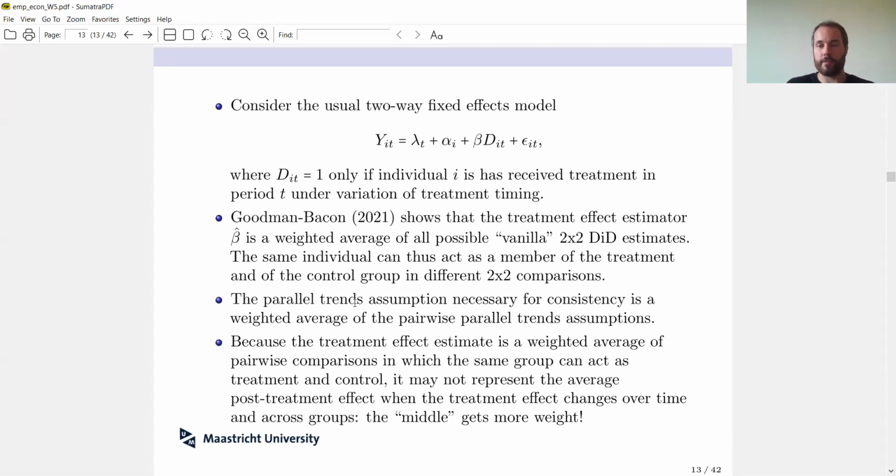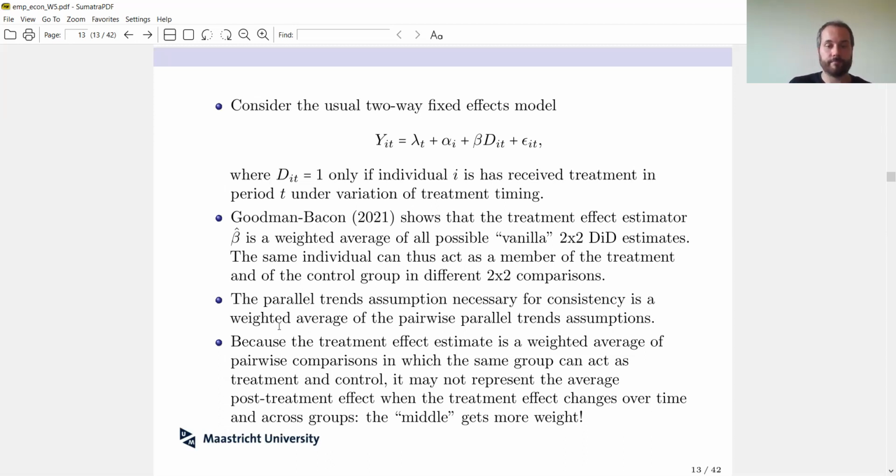Now, the parallel trends assumption that is necessary for consistency is consequently also a weighted average of the pairwise parallel trends assumptions. So if you have one group where the pairwise parallel trends assumption is violated and that group gets a lot of weight, then of course your overall estimate happens to be biased.